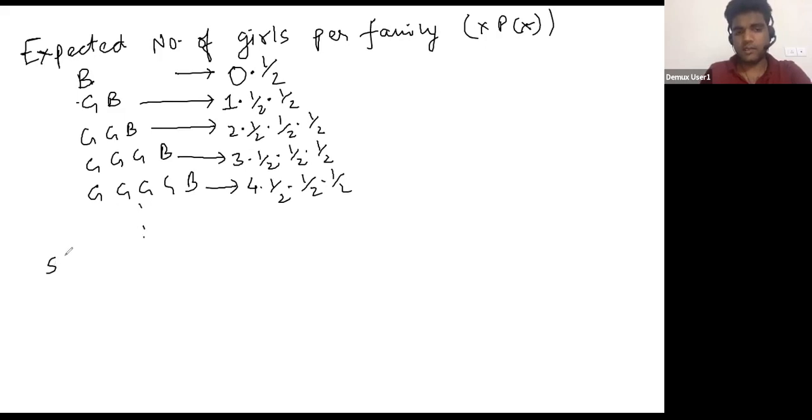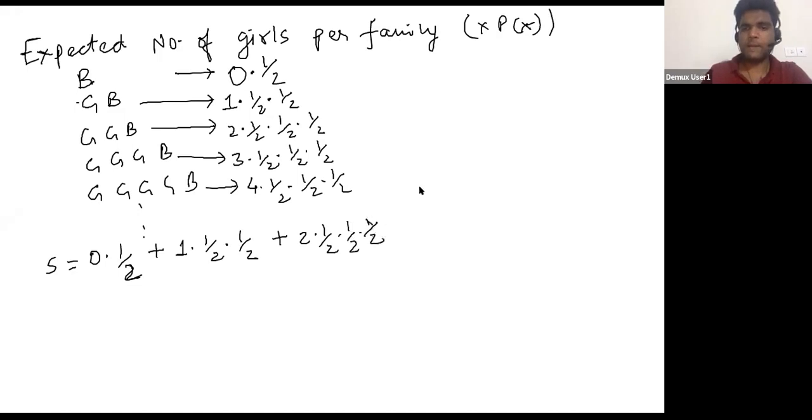You can say S is this, and if you see, this is an AGP. So how do you solve this AGP? You can subtract S by 2, right?